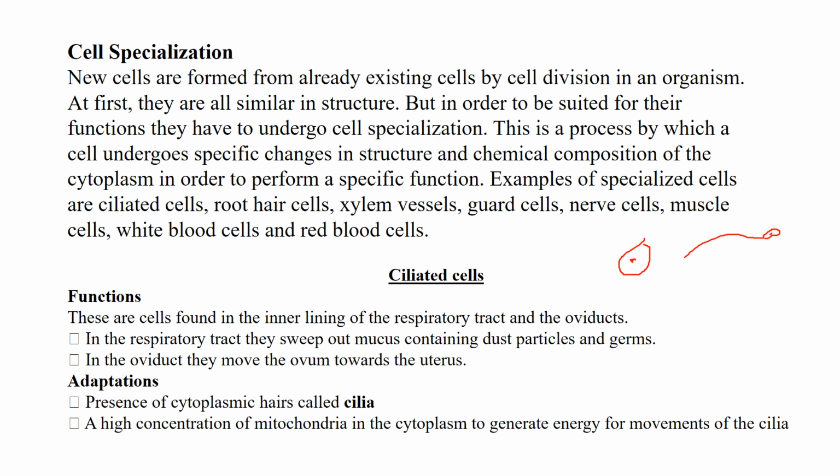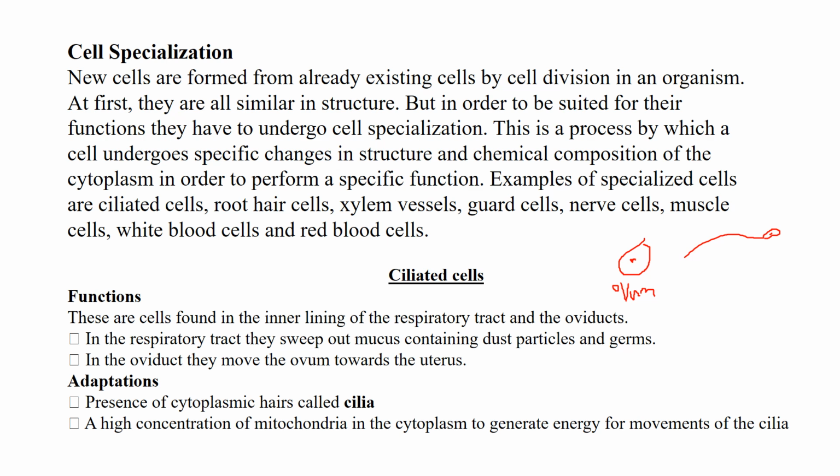So this ovum has no legs. That's why the ciliated cells are the ones which help to move it towards the uterus for fertilization, because fertilization happens in the fallopian tube, which is the oviduct.